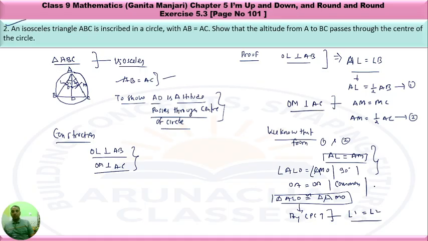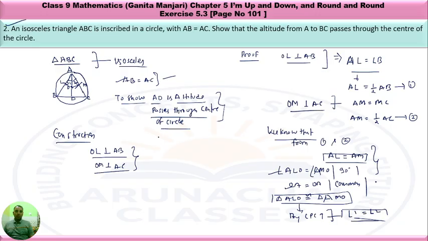And the congruence rule I have applied is one angle and two sides, angle ALO, that is, side angle side. So angle 1 and angle 2 are equal to each other.